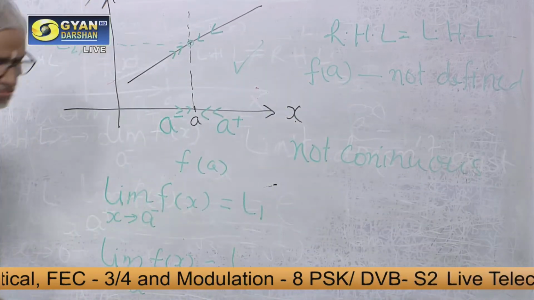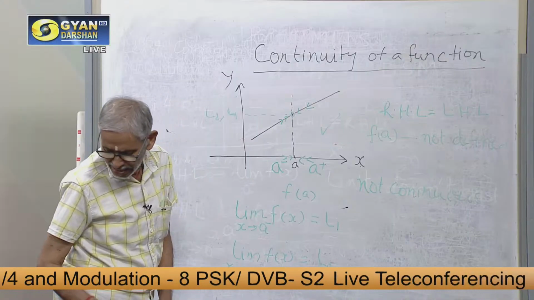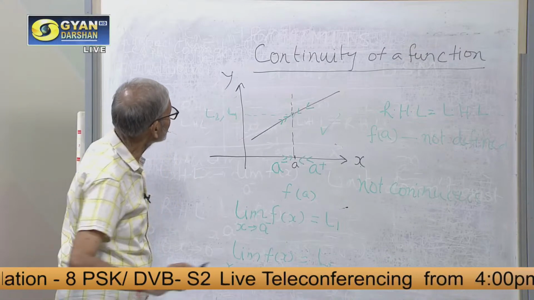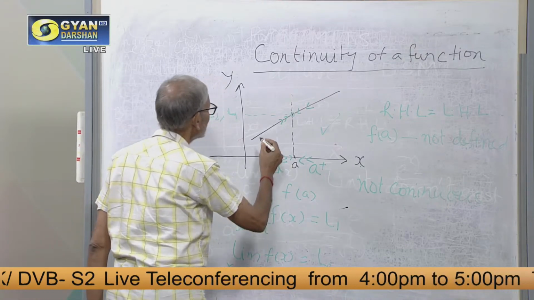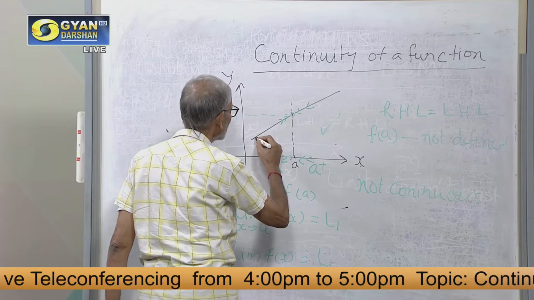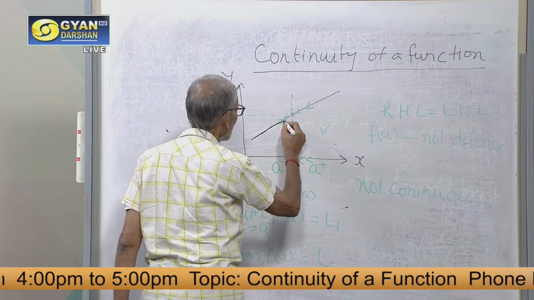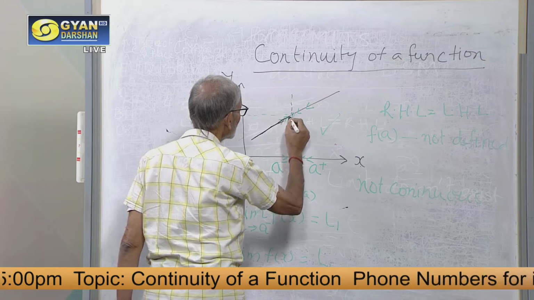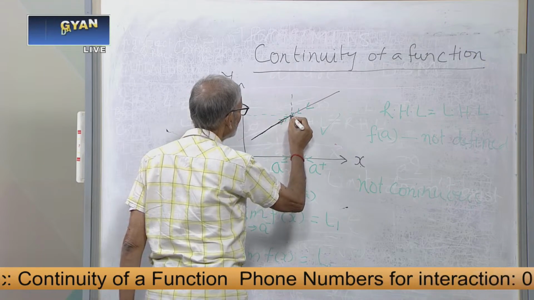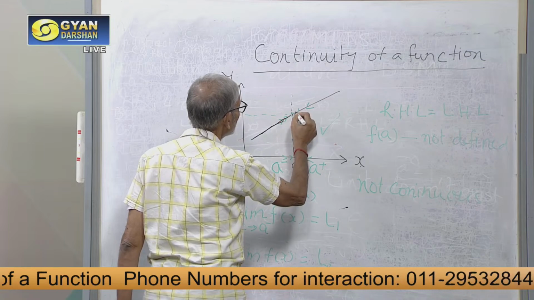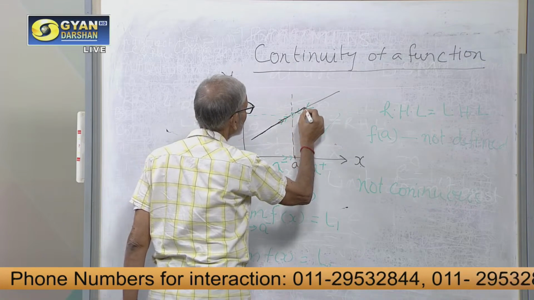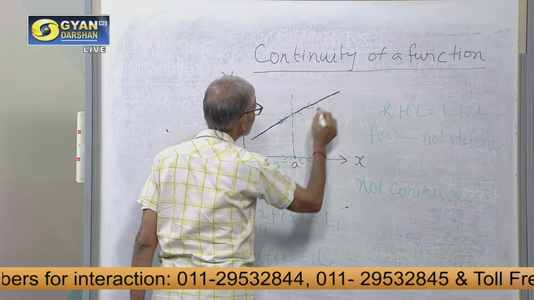In a simple way we can say that if you are taking a pencil along the line and you do not have to pick up your pencil from continuing it, then we call it a continuous function.